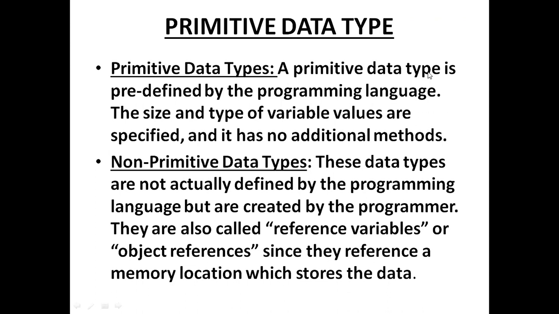A primitive data type is predefined by the programming language. The size and type of values are specified and it has no additional methods. Okay, no additional methods are there.